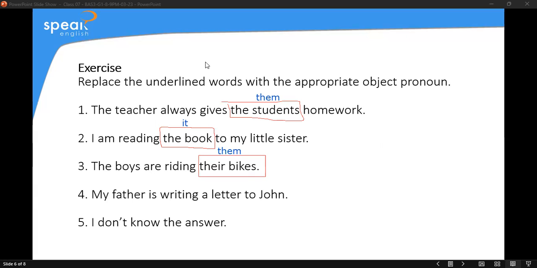Let's continue. Can you help me reading the sentence number 4, please? Kaylin, just read the sentence. Okay, maybe not. Mauricio, can you read the sentence number 4, please?